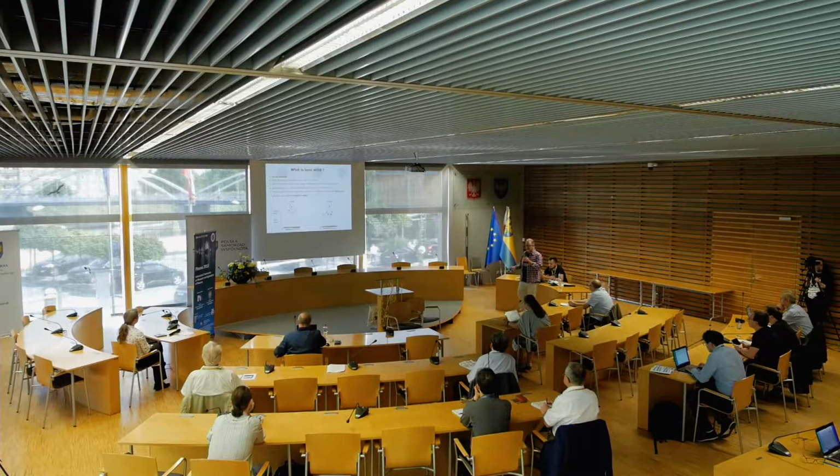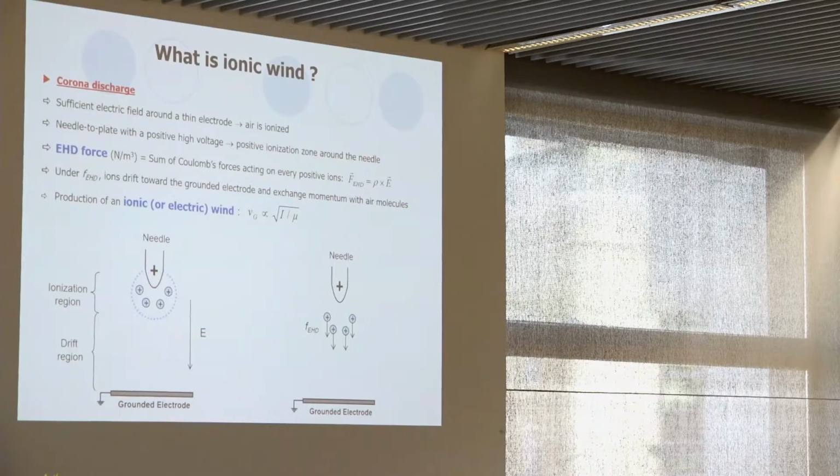So first, what is an ionic wind? You know, of course, that when there is a sufficient electric field at thin electrodes, there is ionization of the air. If we take the example of a needle with a grounded electrode in atmospheric air, and there is a positive high voltage at the needle, then there is a positive ionization zone around the needle.